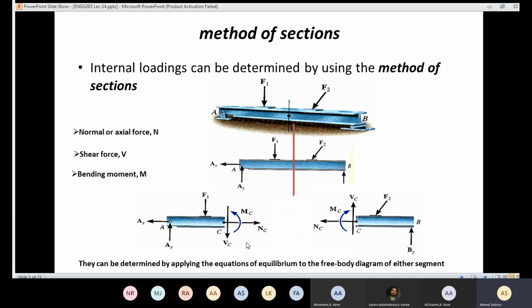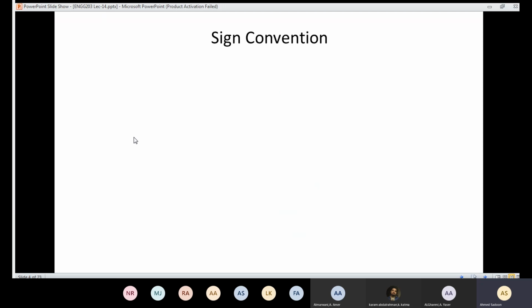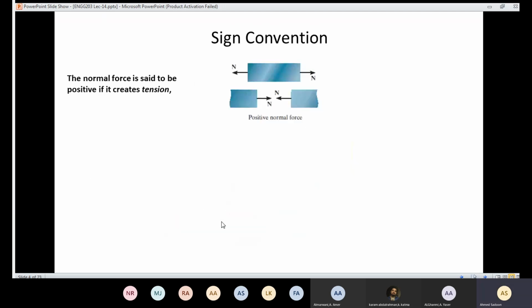So first, regarding the normal force, we are going to assume that positive is going to create tension. So if I have the material, and if the normal force, like you can see here, is going to create tension, then the force is going to be positive.